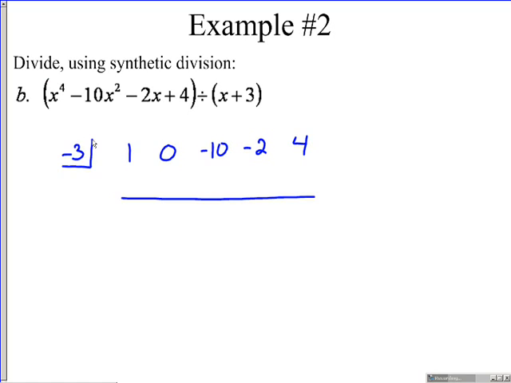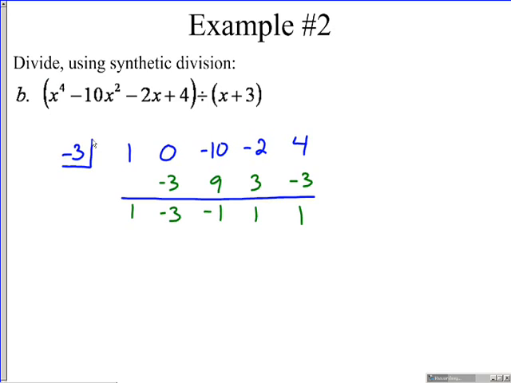Once you remember to put in that 0, it's just a matter of going through the synthetic division process. Bring the 1 down, multiply, add down the column, multiply, add down the column, multiply, and so on. Okay, this time we didn't get a remainder of 0.